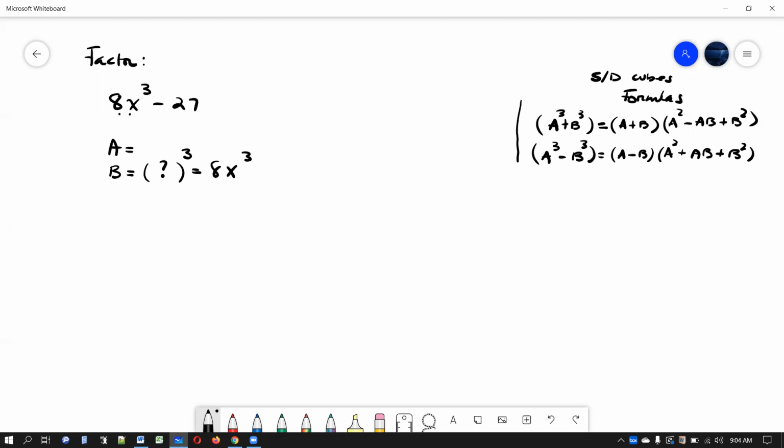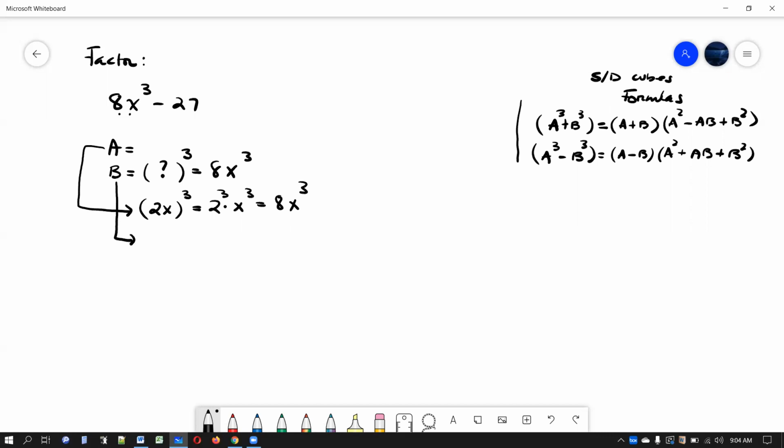Okay? So in this case, the answer is 2x. Professor, why is it 2x? Because once I cube it, I get 2 cubed times x cubed, which is 8x cubed. Okay, so this is my A.